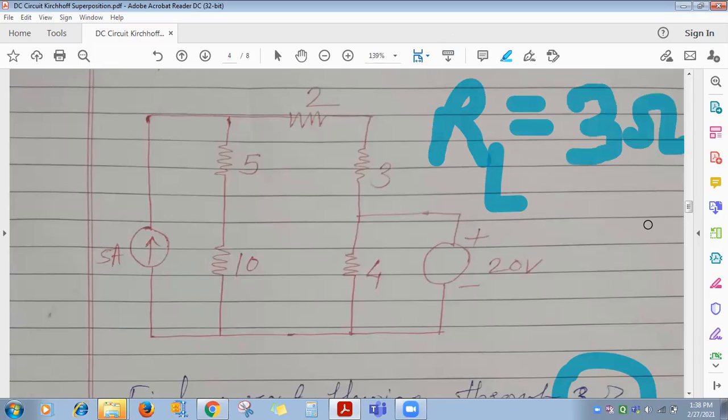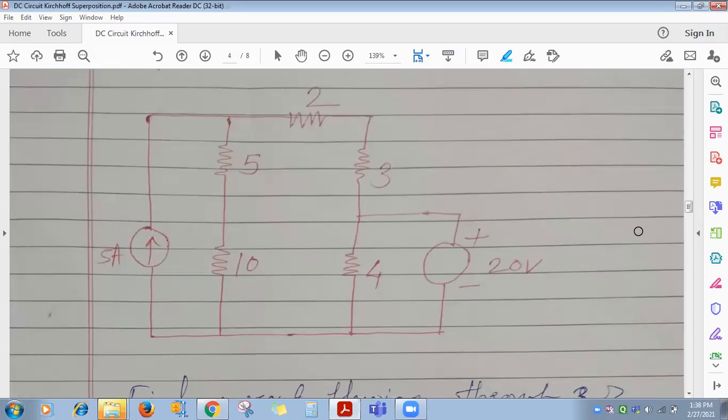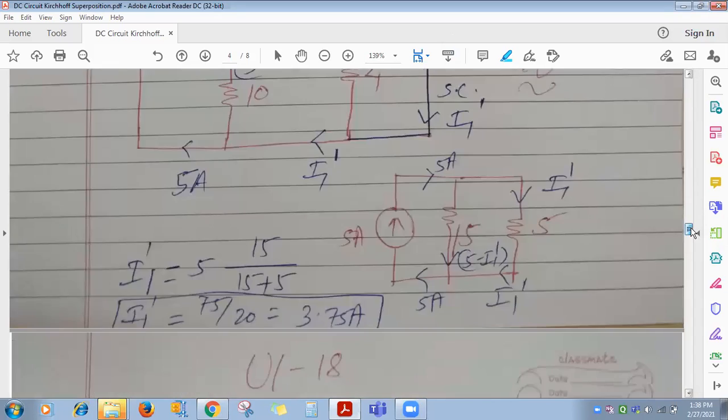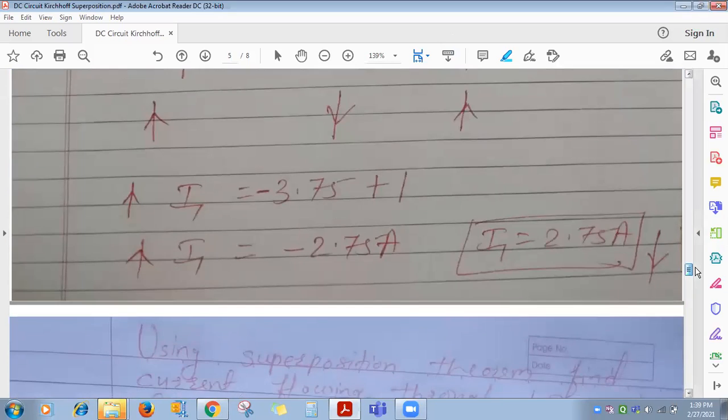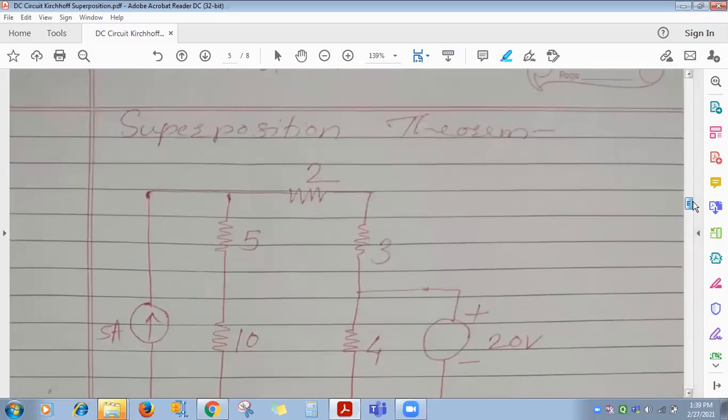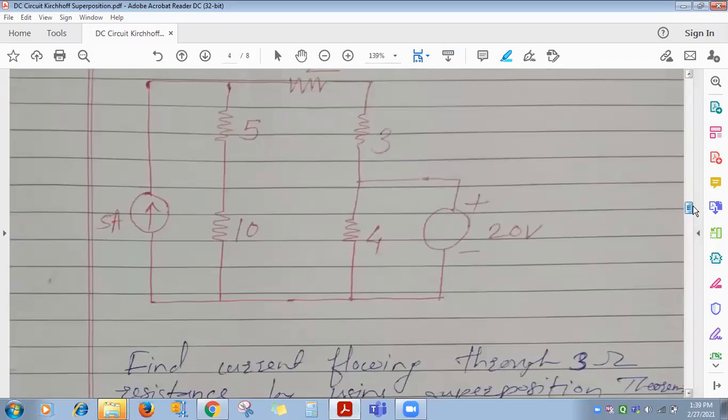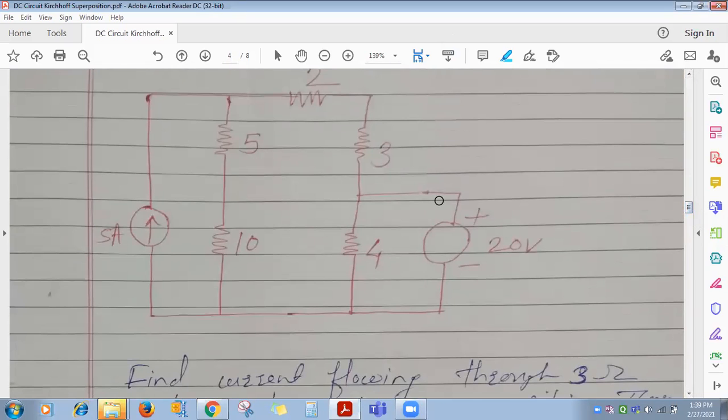Got it, everyone? Load resistance clear? Now, when all the sources are there in this circuit, you have to assume the current direction flowing through the 3 ohm load resistance. Whichever direction you want to mark, you can mark.